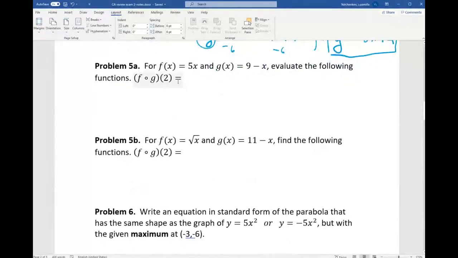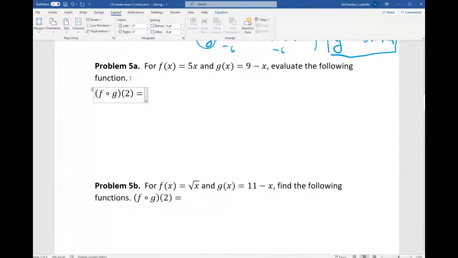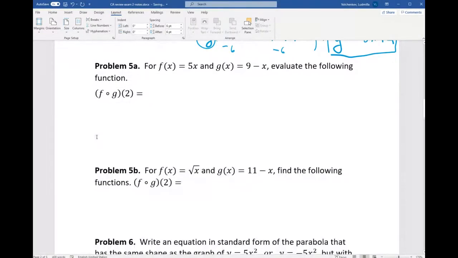Okay, for f of x equal 5x and g of x equal 9 minus x, evaluate the following function, f circle g of 2. So we must find f circle g of 2.